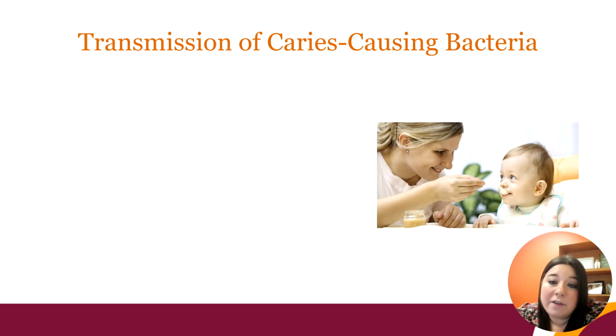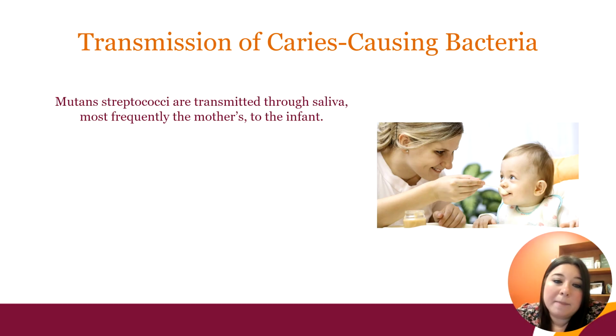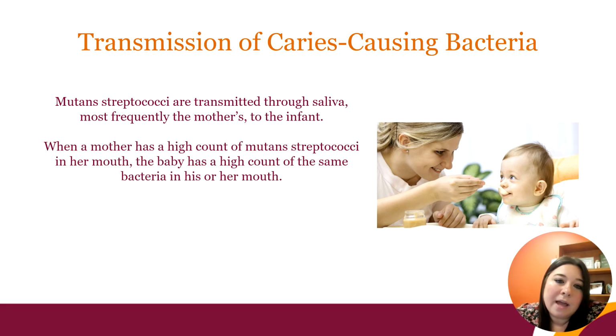So, transmission of caries-causing bacteria. Mutans streptococci are transmitted through saliva, most frequently from mothers to the infant. When a newborn baby is born, they do not have any of this bacteria in their mouth. It is passed down usually through the mother, either by kissing the baby or eating off the same spoon or fork as the baby, and then that baby develops this bacteria in their mouth.